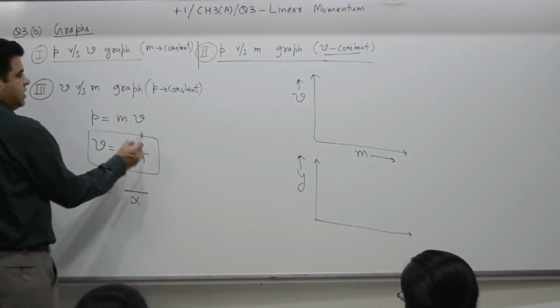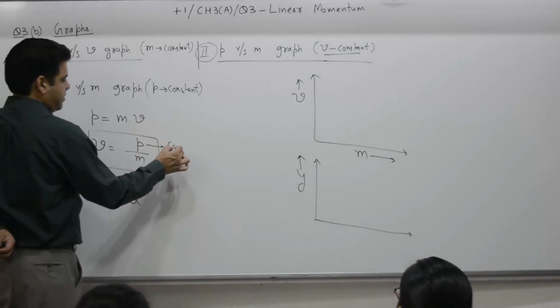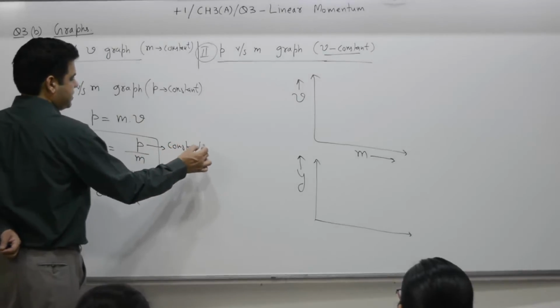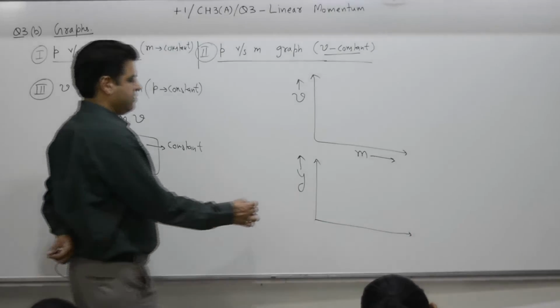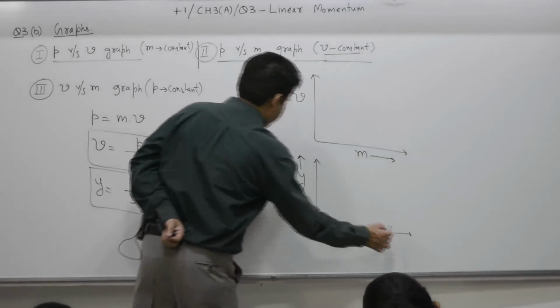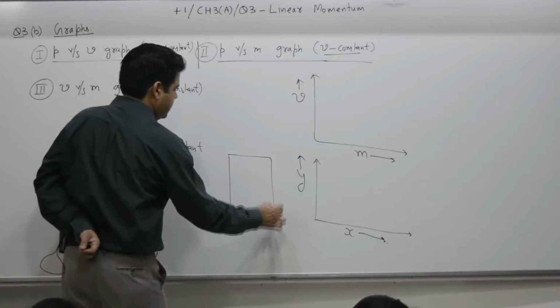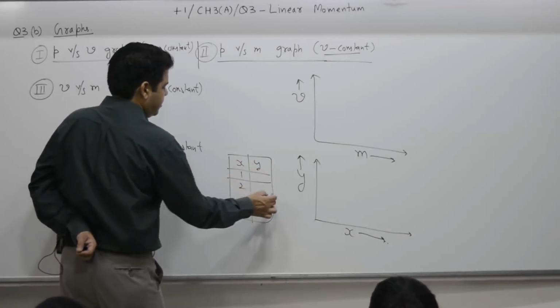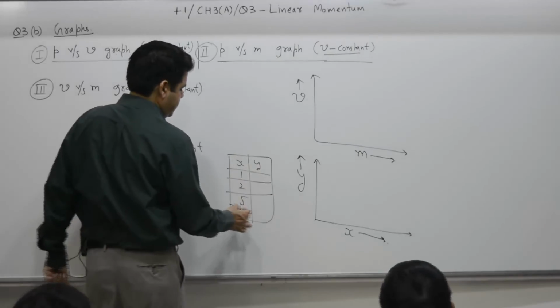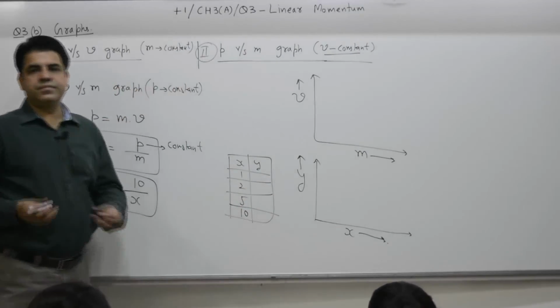And P is what? Constant. For convenience, let me write 10. Plot the y-x graph. You can make a table. I will suggest certain values: 1, 2, 5, 10. Try.